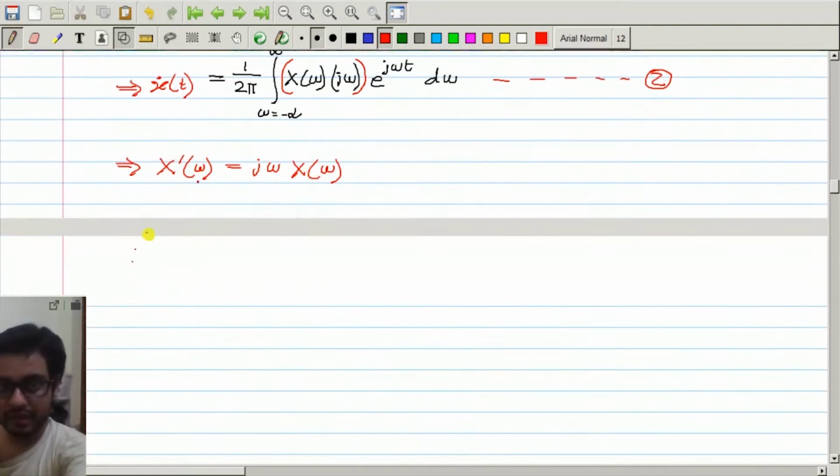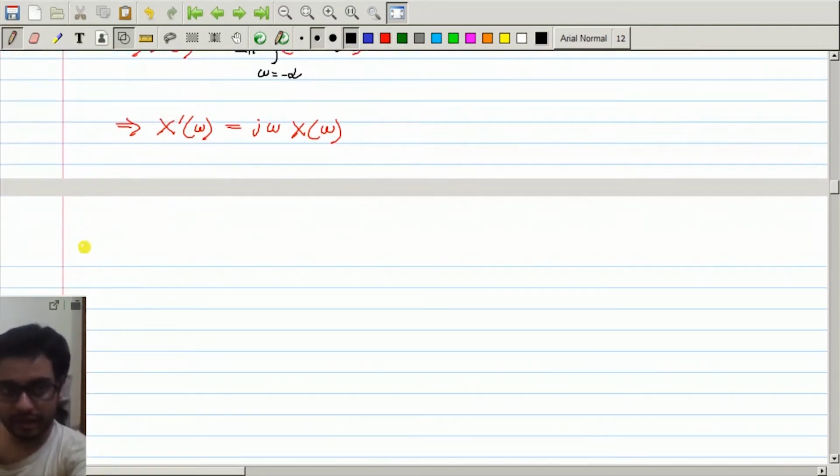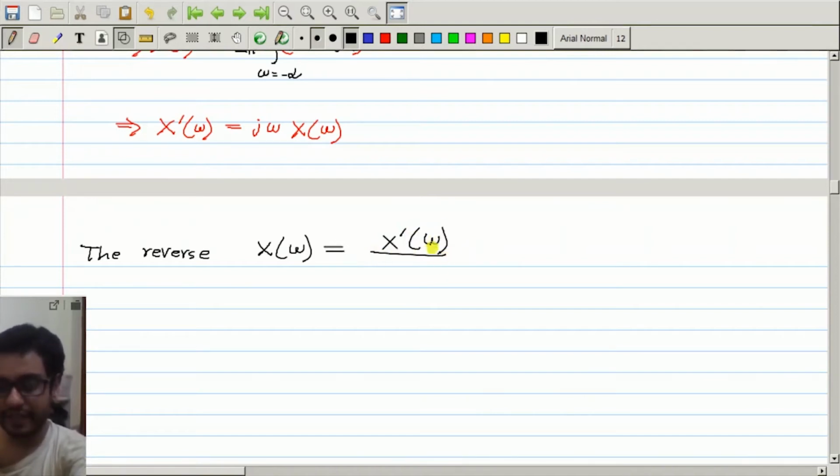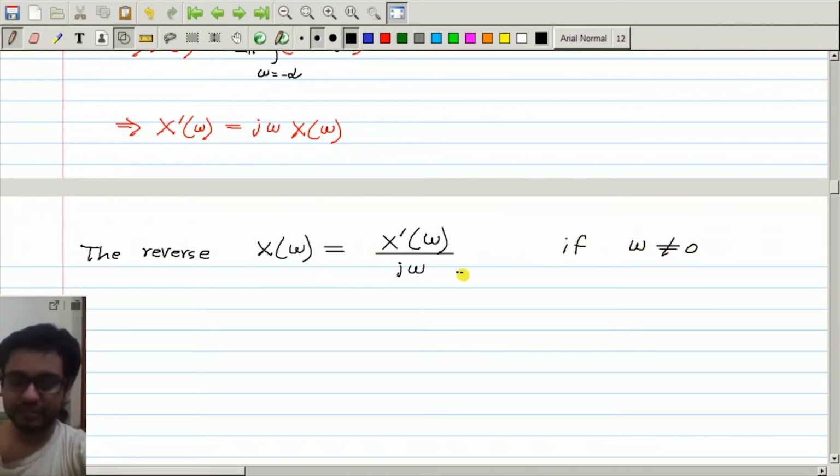Now the reverse, that is X omega is equal to X prime omega divided by j omega is also true provided omega is not equal to 0. Otherwise dividing by 0 is undefined.